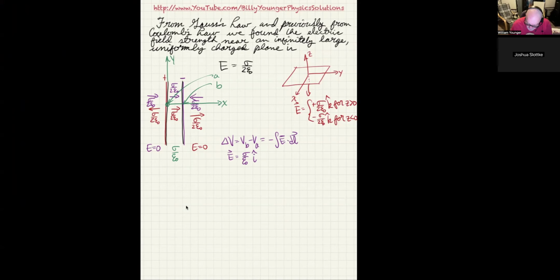I'm going to choose that dl indicates the direction of integration. So that means since we went from small x to large x, dl is going to equal positive dx i hat.